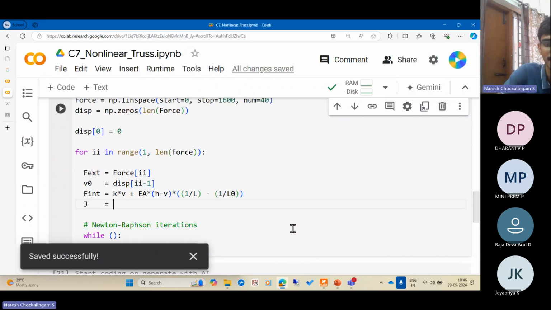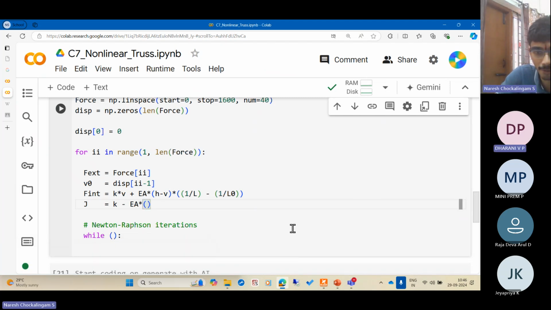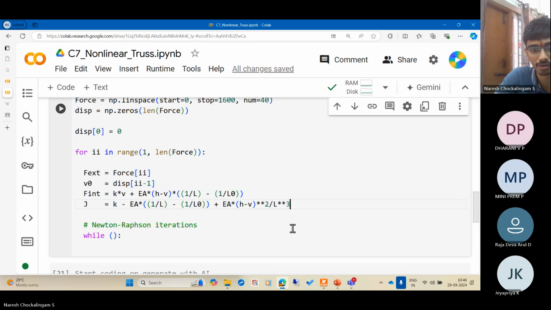So I'll write that it is K minus EA star (1 by L minus 1 by L naught) plus EA (H minus V) double star 2 divided by L double star 3.